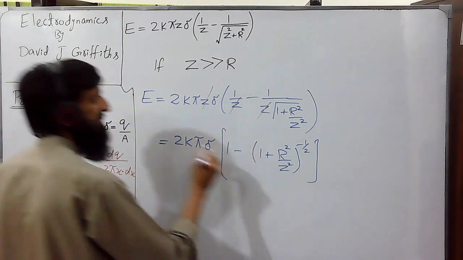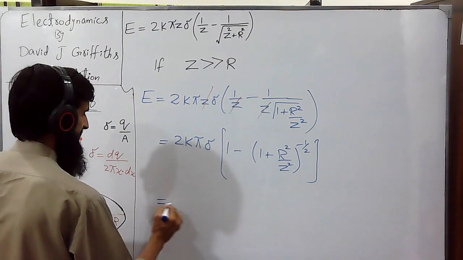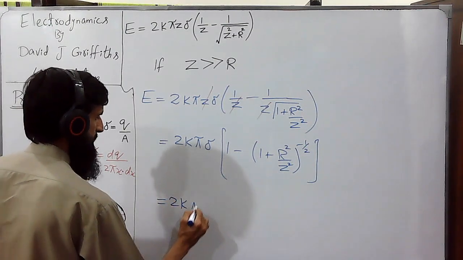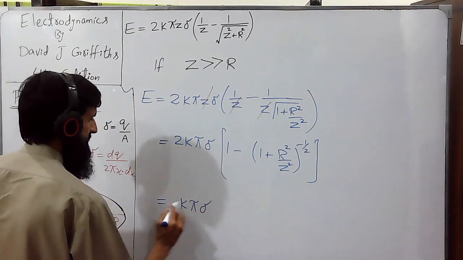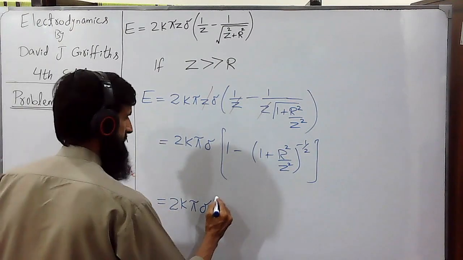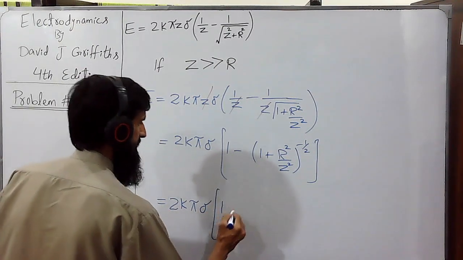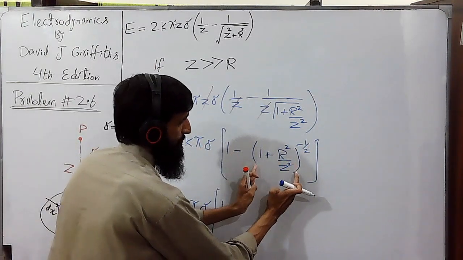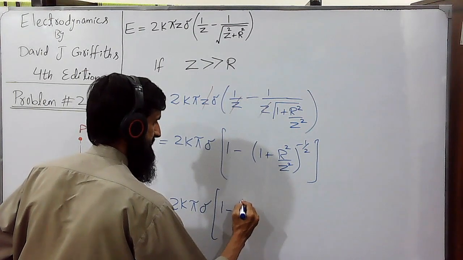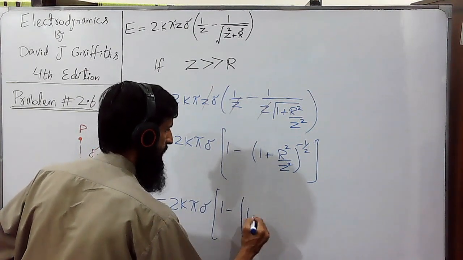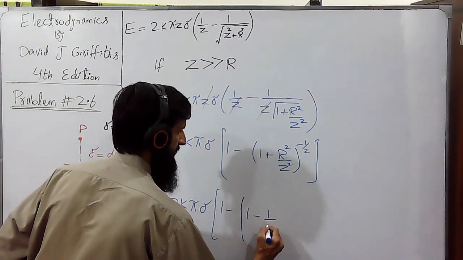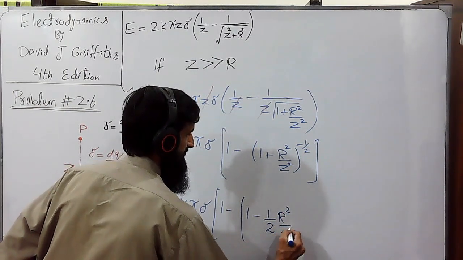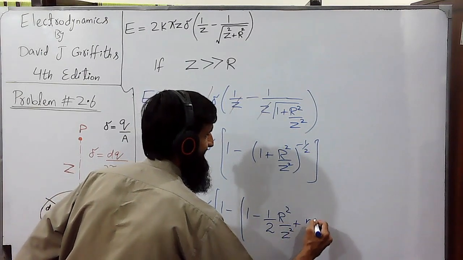Again we will apply binomial expansion, and then we will get 2k pi sigma 1 minus, now by applying binomial expansion on this expression, it gives 1 minus 1 by 2 (r square plus z square) plus neglected terms.